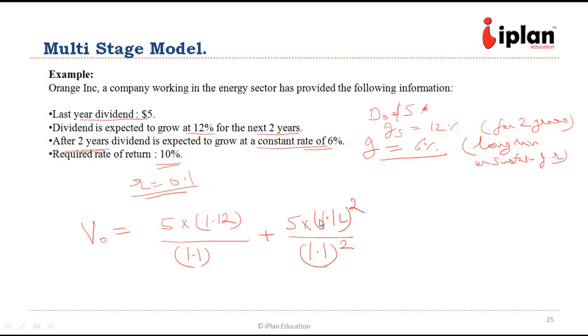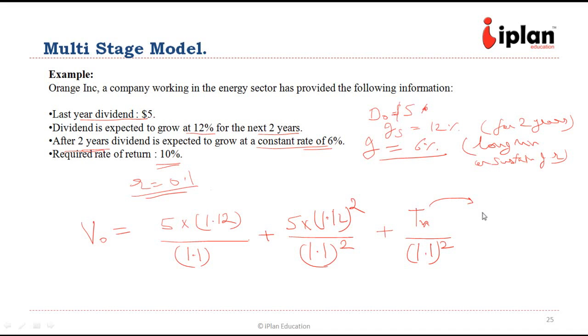Then we have the terminal value, say Tn. This is the value at the beginning of the third year. So we have to discount that also at the same 10% rate. So this is at the beginning of the third year or at the end of the second year. This value can be calculated based on the Gordon growth model.